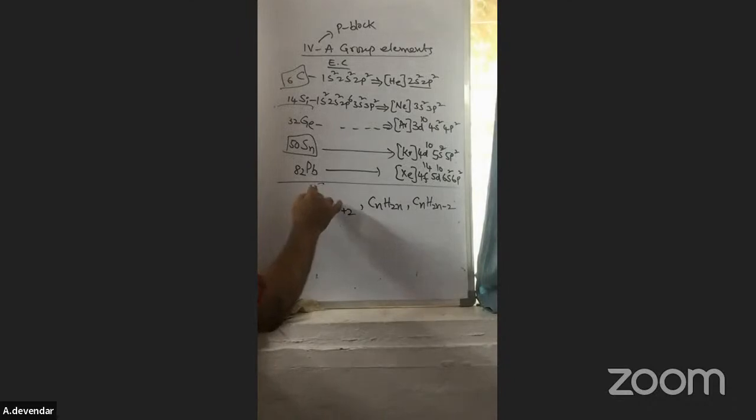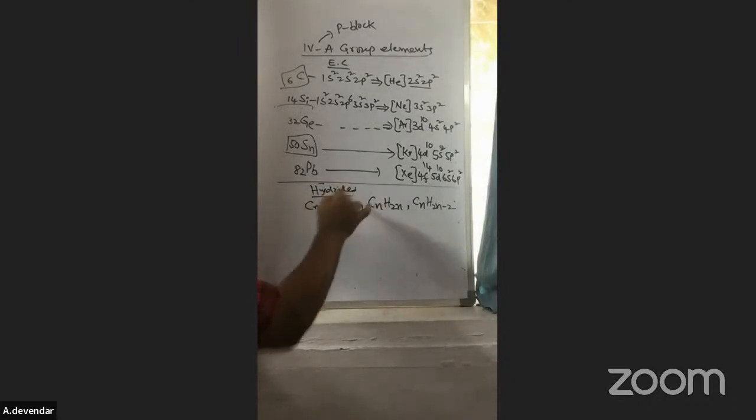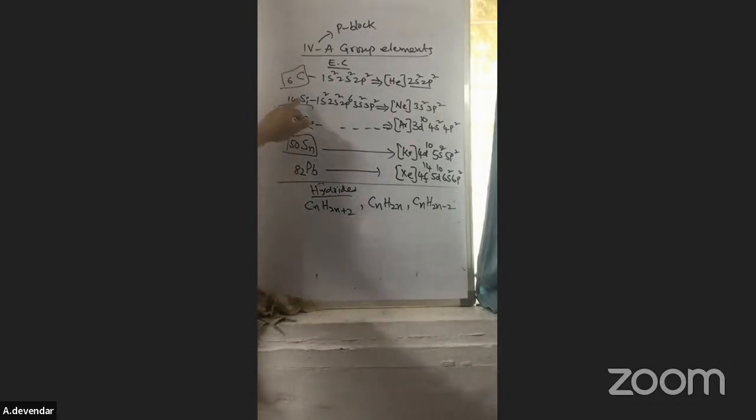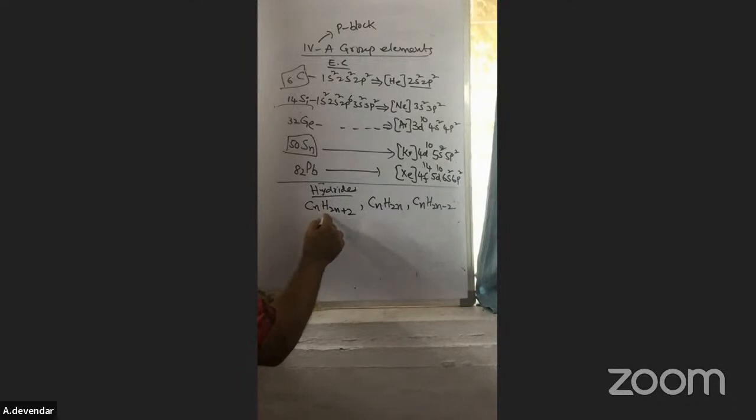These are the hydrides of carbon. We get tetravalent compounds. What about silicon hydride? SiH4, germanium hydride, tin hydride, lead hydride. Like that we get them. The best example is methane.